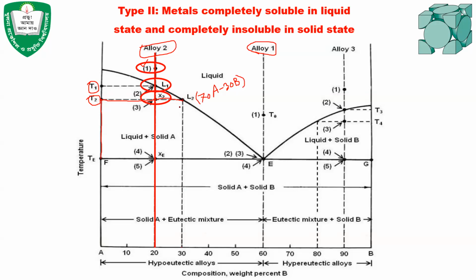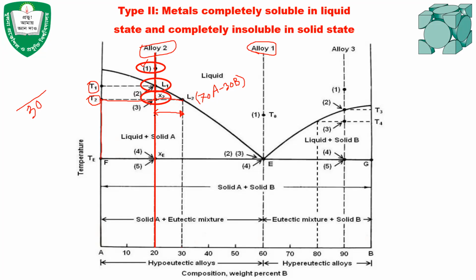Now, how much percentage of solid has been produced at the temperature T2? To find that out, we need the total length of the tie line. The total length of the tie line is 30. To get the percentage, we have to find the amount of solid. We have to find this length, up to the liquidus line, because of the lever rule.